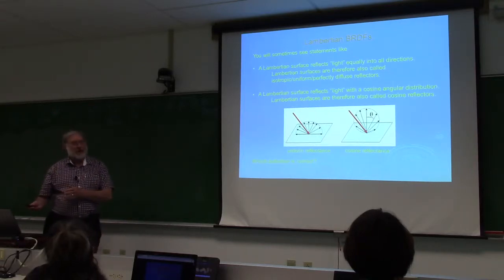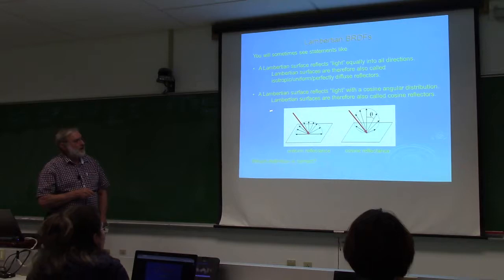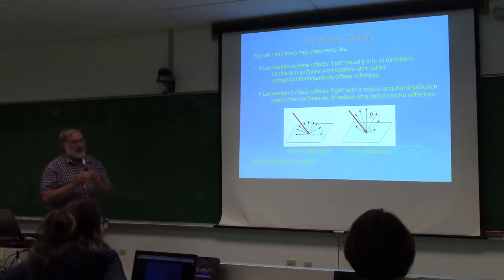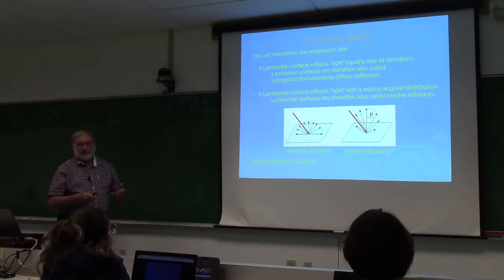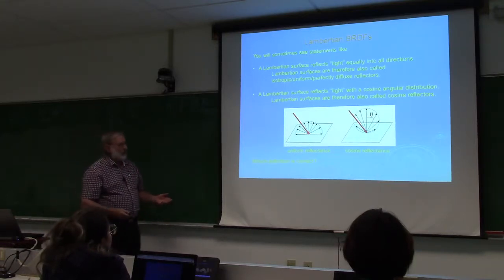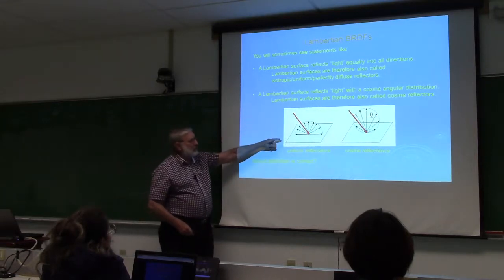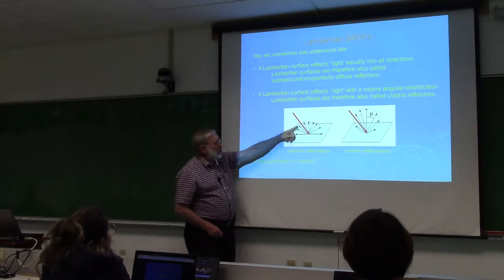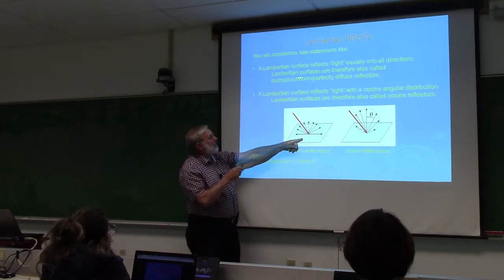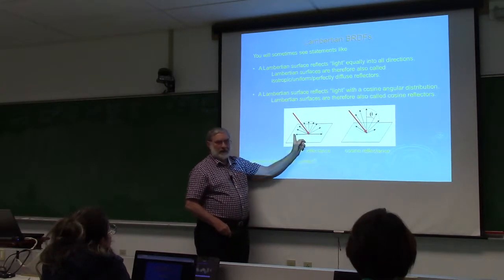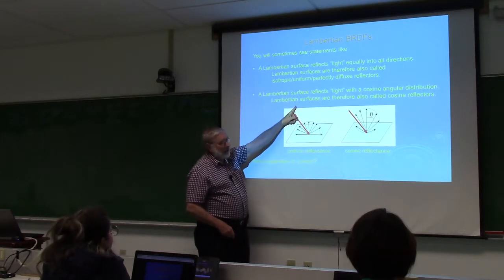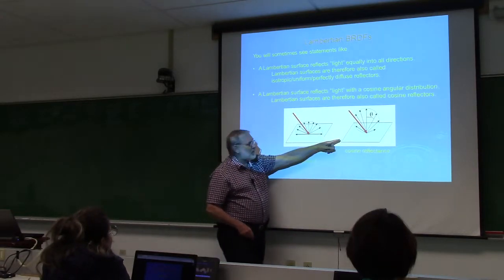Then you read the next paper, and it says a Lambertian surface reflects light with a cosine angular distribution. Lambertian surfaces are therefore called cosine reflectors. Here are my two mental images of this. In one case, it says they reflect the radiance the same in all directions, so it must look like this. And the other one says, no, it reflects light in this cosine pattern.